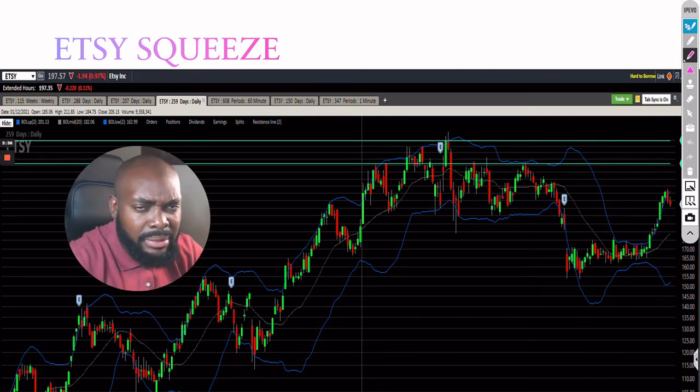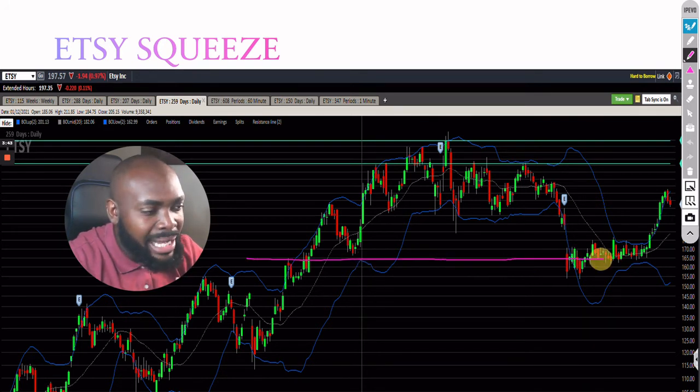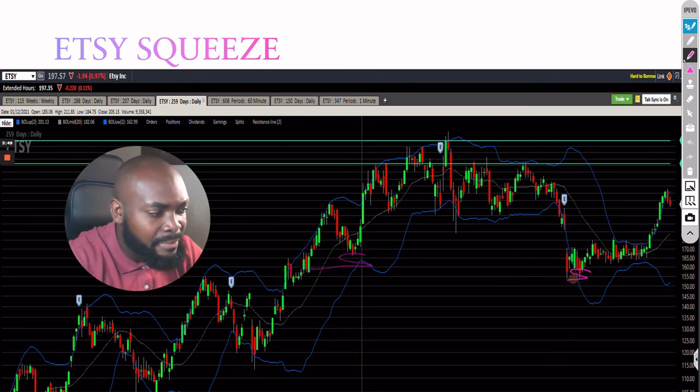Based on ETSY's chart, we can see that when the stock broke down, it literally broke down to 165, which was an old support level, and it just continues to hold that level as support.